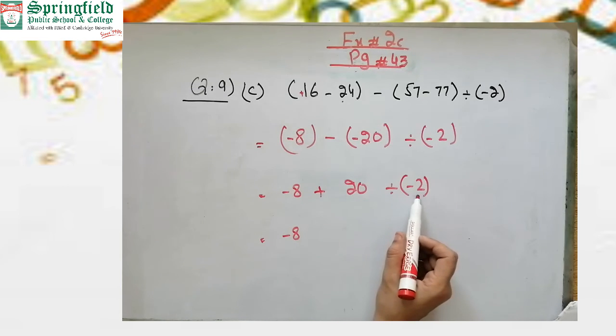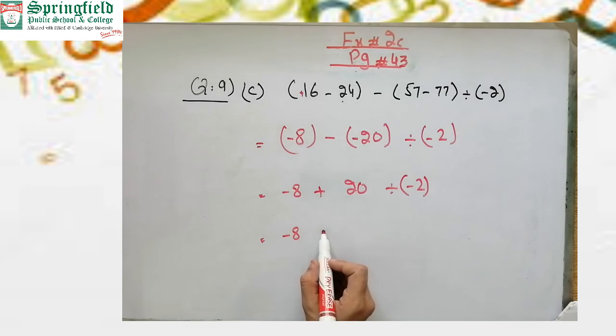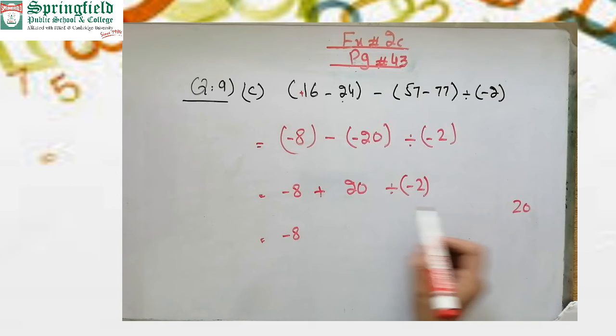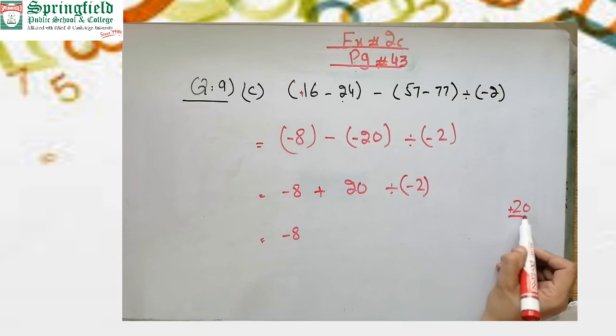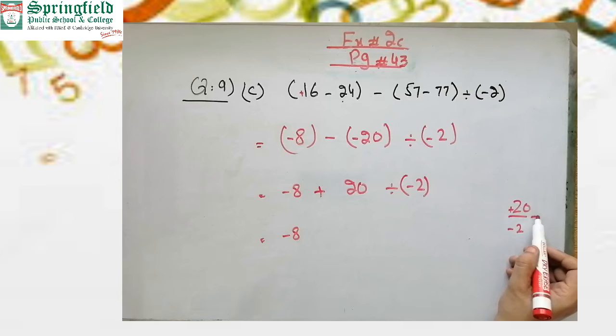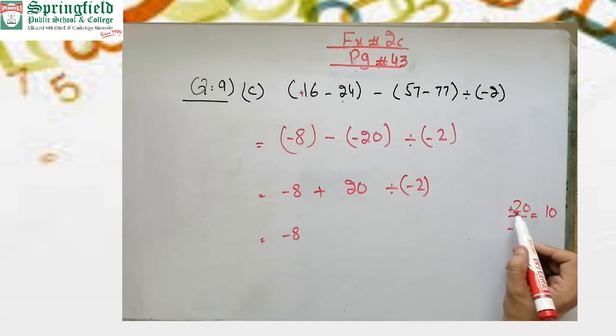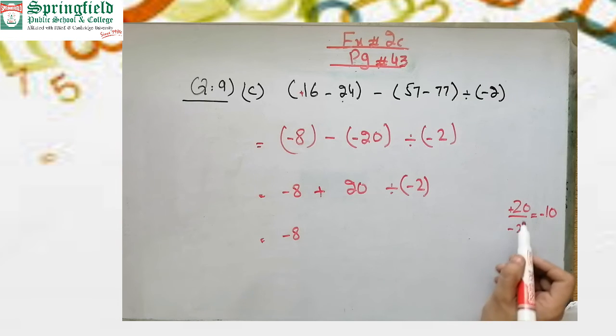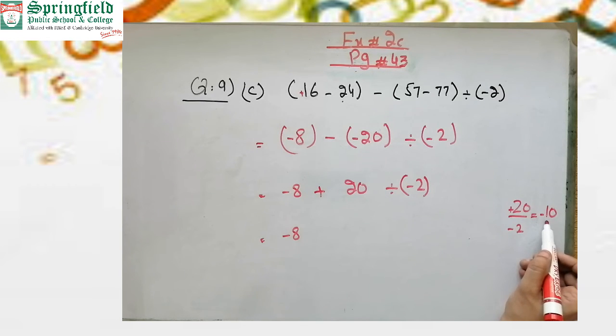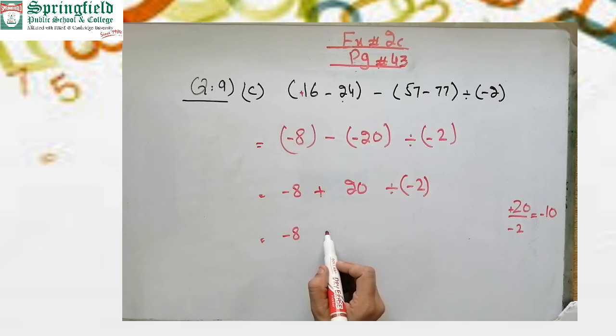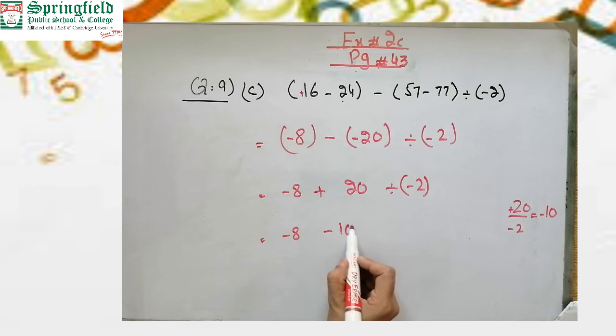Now 20 divided by minus 2, what will be the answer? 20 is a positive number and minus 2 is a negative number. So 20 divided by 2, the answer is 10, and plus minus minus. When a positive number is divided by a negative number, the answer is in negative form. So you will get minus 10.